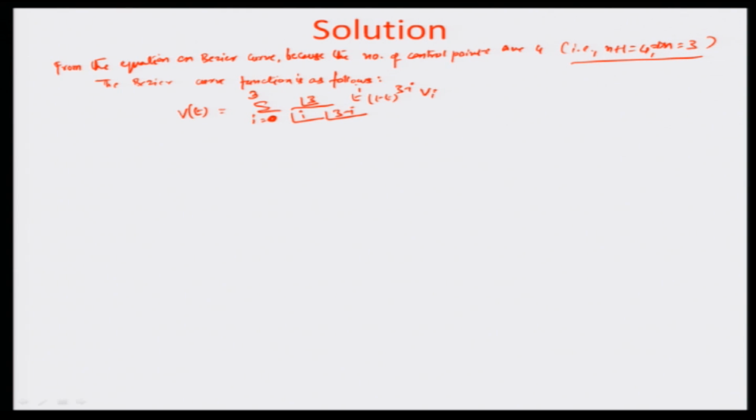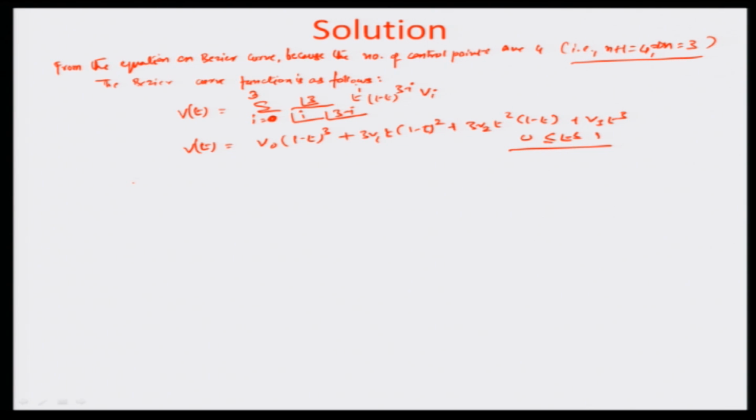That is how it is defined. If you expand this, you have the value of V(t) as v0 (1 minus t) cube plus 3 v1 t (1 minus t) square plus 3 v2 t square (1 minus t) plus v3 t cube, given t varies between 0 and 1.